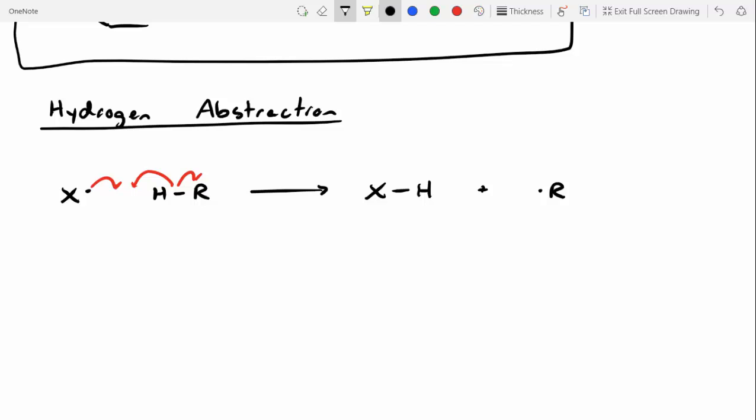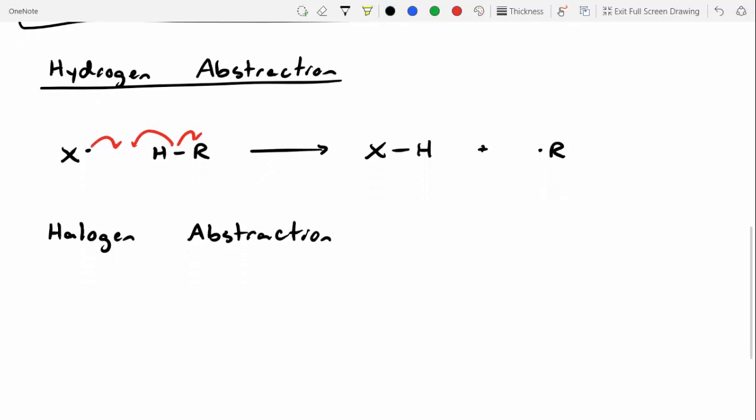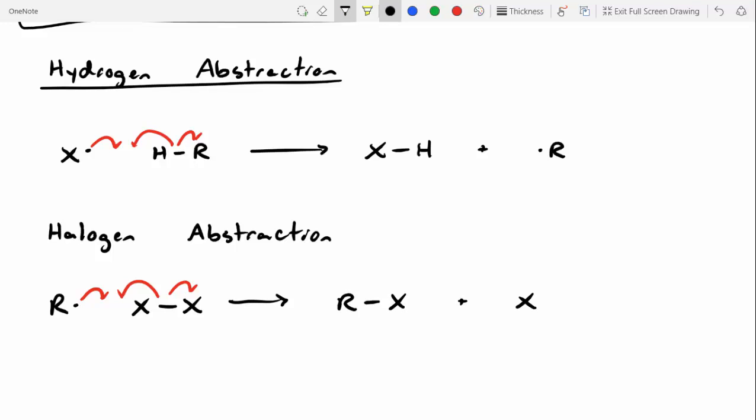The next one is called a halogen abstraction, and it works along the same lines. However, it's kind of in reverse. So we've got our radical that will steal a halogen off of something else. So now we form a new carbon halogen bond, and we end up with a radical intermediate, or byproduct, I should say.